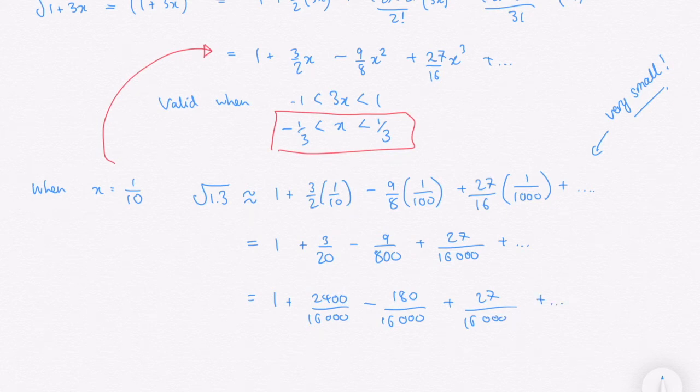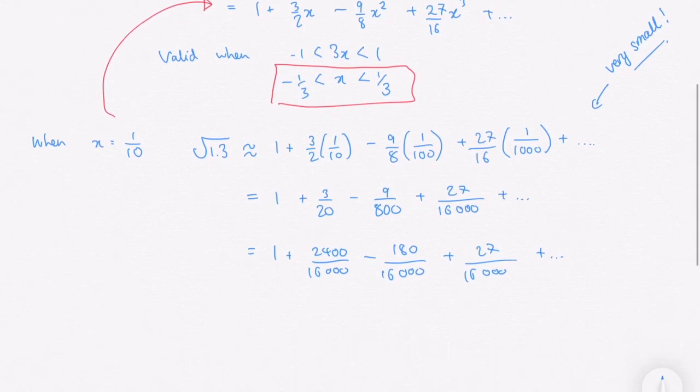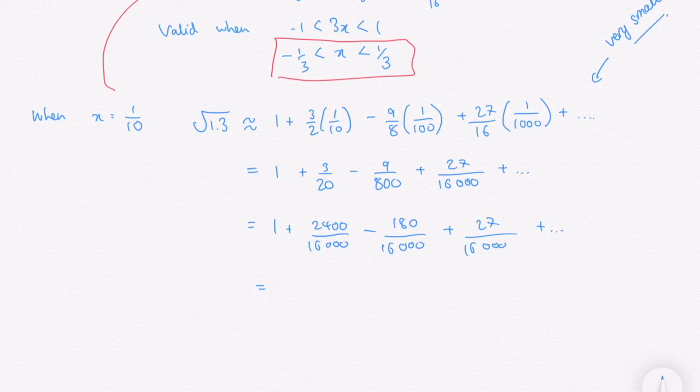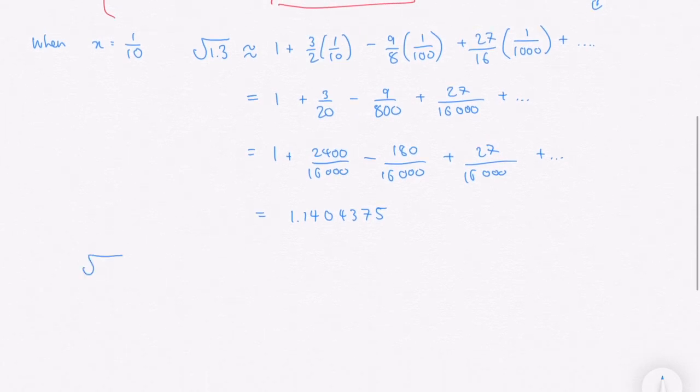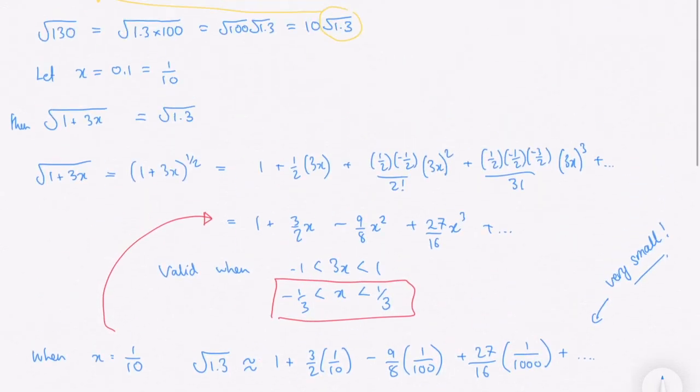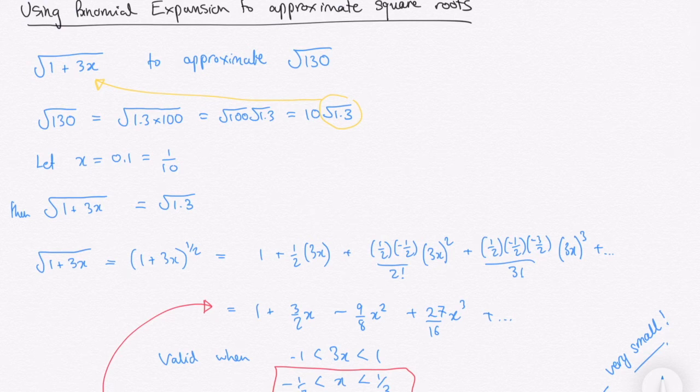In theory, we could calculate this quite easily without a calculator. So this ends up being 1.1404375. So what have we got? We have that the square root of 1.3 is approximately 1.1404375. But I asked about finding an approximation to the square root of 130.